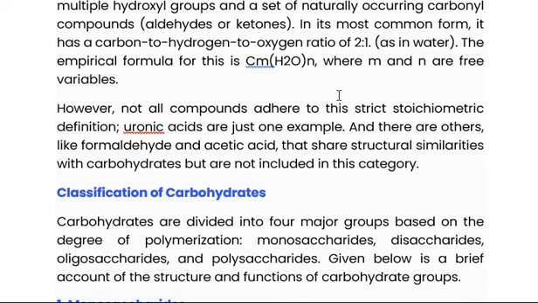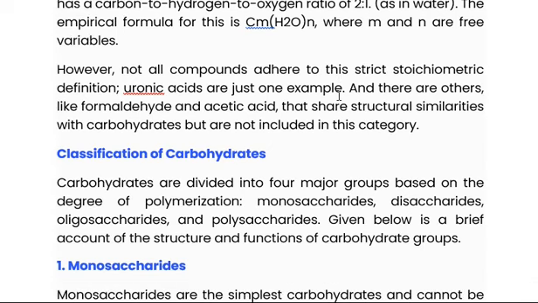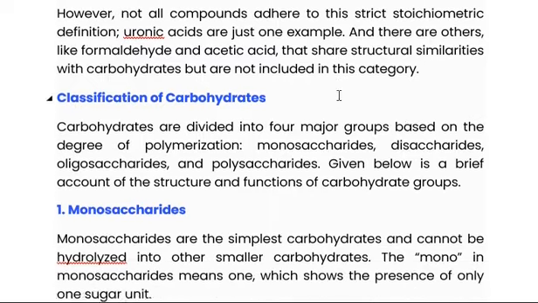However, not all compounds adhere to this strict stoichiometric definition. Uronic acids are just one example, and there are others like formaldehyde and acetic acid that share structural similarities with carbohydrates but are not included in this category.